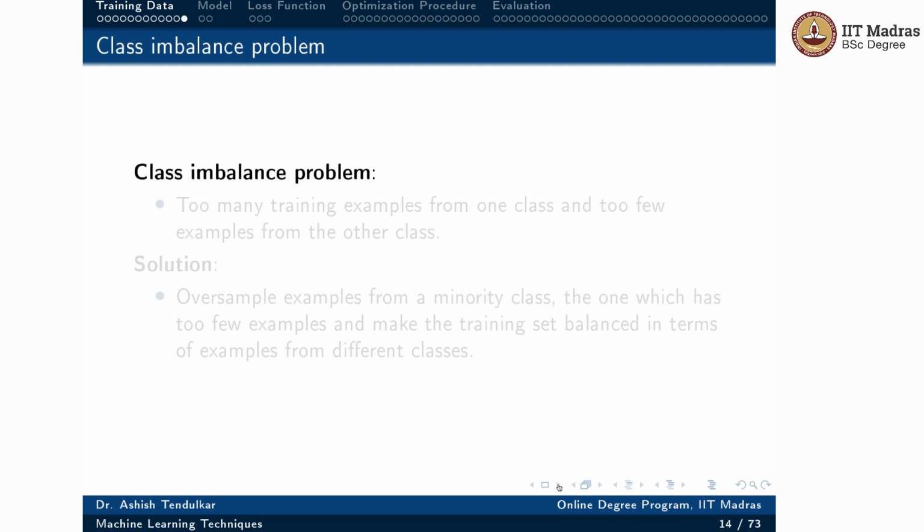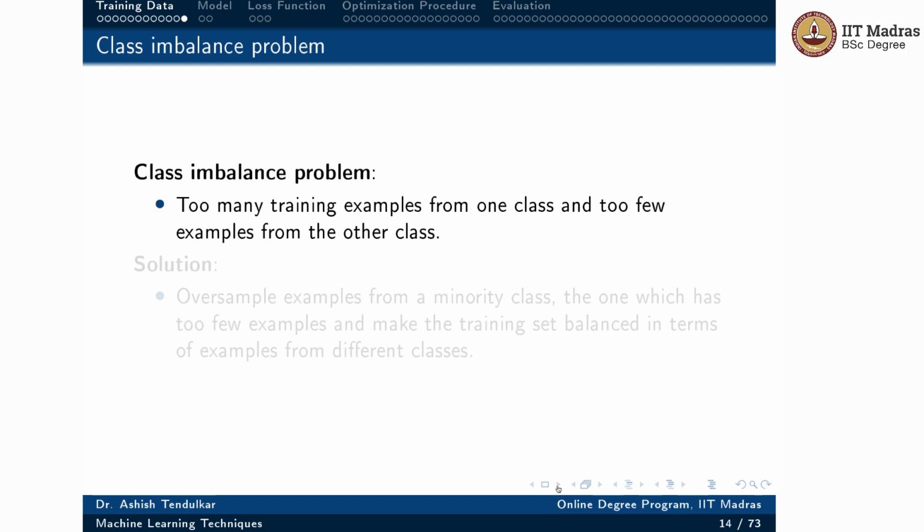Finally, there is a class imbalance problem, which is commonplace in real world scenarios. In class imbalance, there are too many training examples from one class and too few examples from the other class. I'm giving you an example from a supervised learning setting, specifically classification, where because of an abundance of data we might have too many examples from one class and very few examples from the other class.